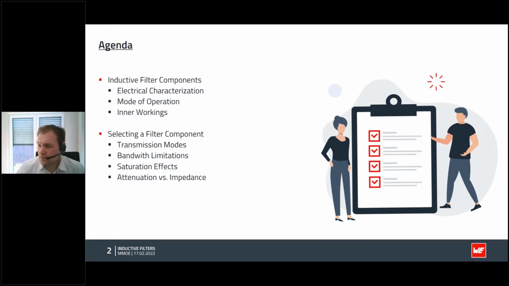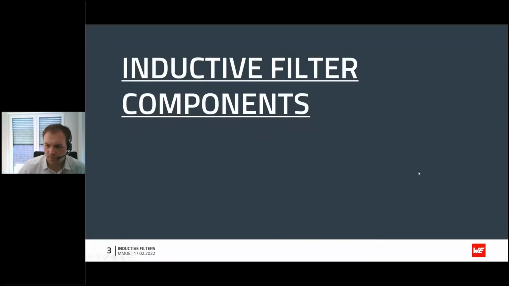Especially for inductors, saturation is also an issue to be taken care of, making it another criteria for your component selection. Last thing is the difference between impedance and attenuation, because this is sometimes a source of confusion regarding the selection of filter components. So let's go straight in.